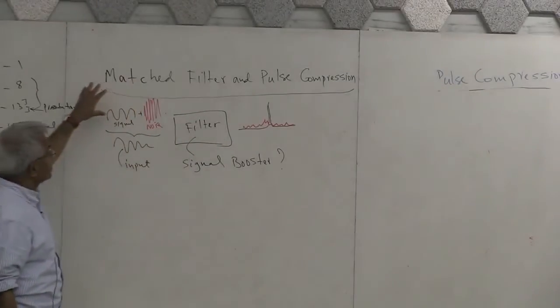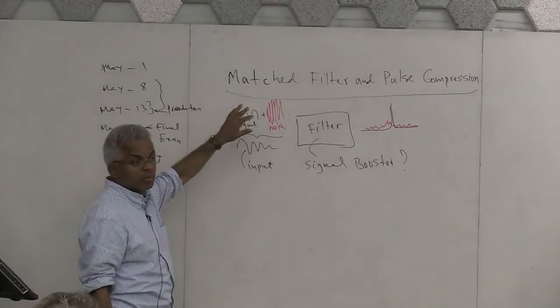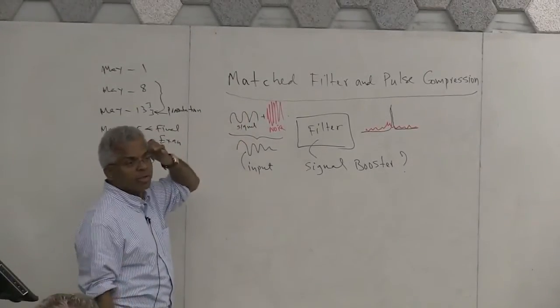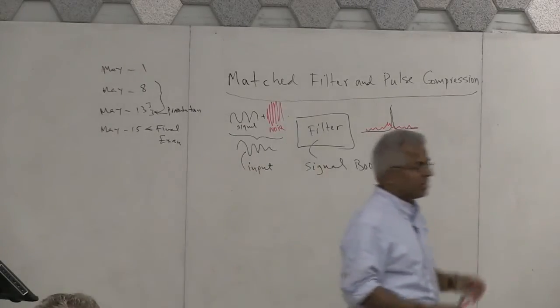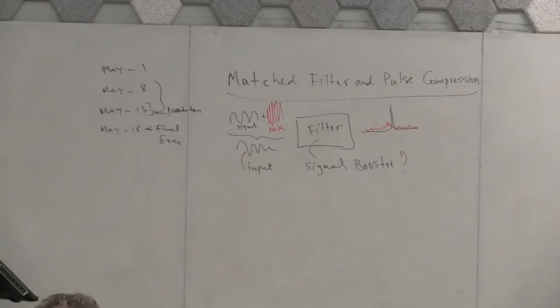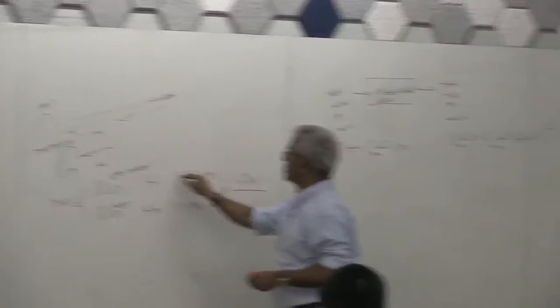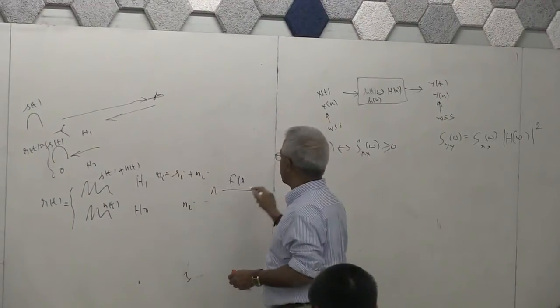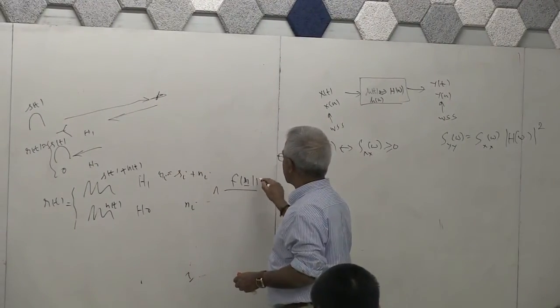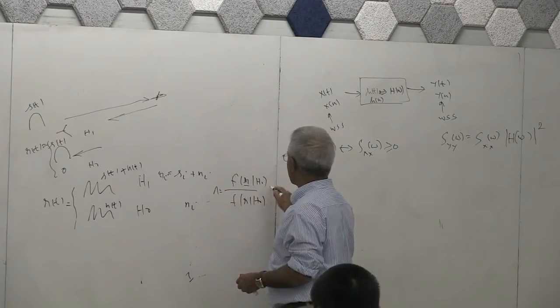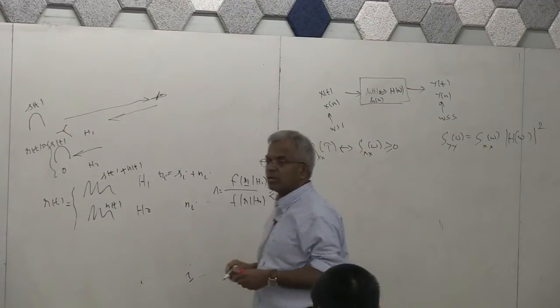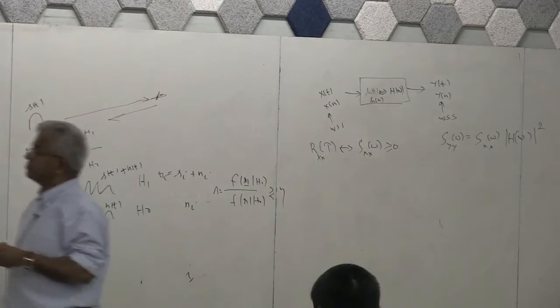So one idea is that, remember, we have already done the likelihood ratio test, etc. And if you remember, there we collect all the data R_i, then f of R under H1 over f of R given H0, and you compare with a threshold; that turned out to be the optimum.